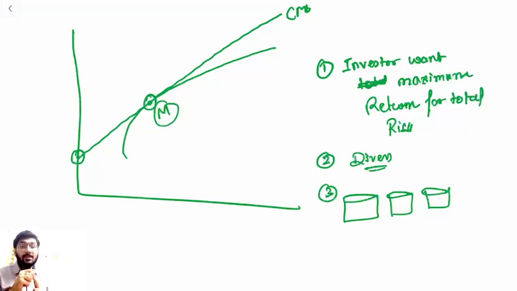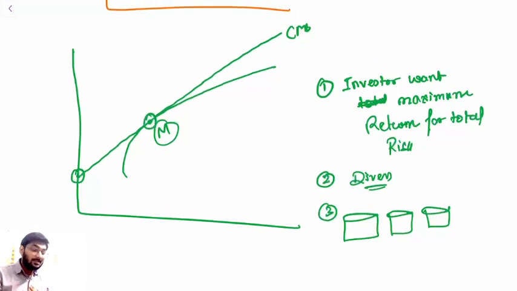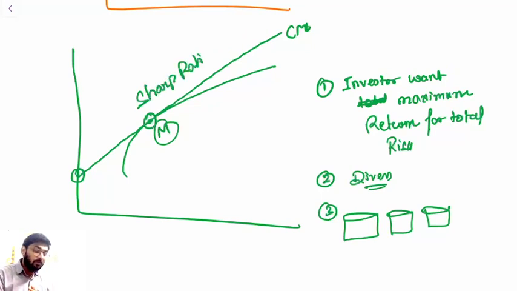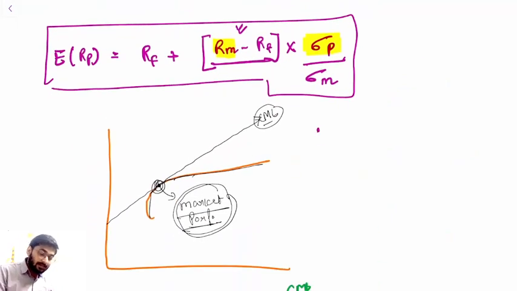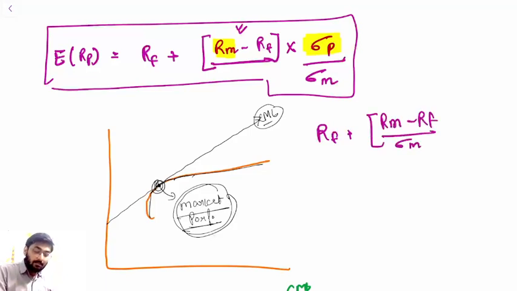Risk is measured with the help of standard deviation, and the slope of this is nothing but the Sharpe ratio. Slope of this is nothing but the Sharpe ratio. So can you define the Sharpe ratio over here? Yes. If I can rewrite this formula like this, RF plus (RM minus RF) divided by sigma of the market, multiplied with the sigma of the portfolio.